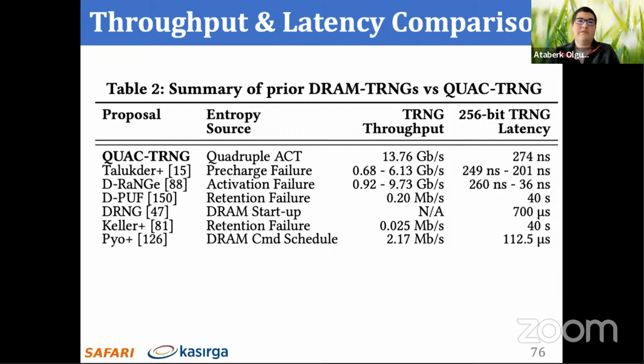We can utilize those buffers for DRAM TRNGs that have very high throughput and essentially hide the latency of generating random numbers.